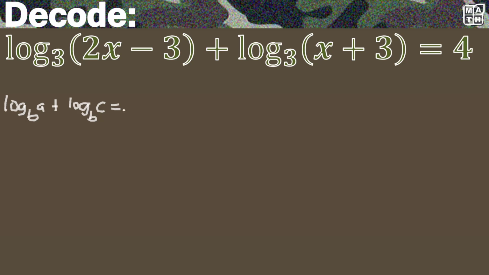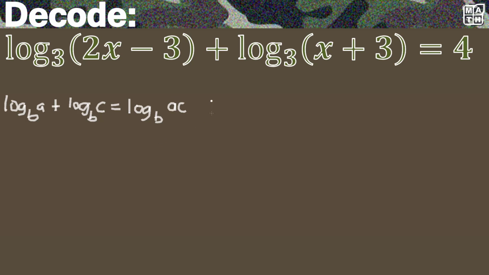This only works if we have the same base, because if the two logarithms don't have the same base, we cannot do this. In our given, the bases are 3, so we can do this. We can combine them into one logarithm of the same base, but what will happen here is we're going to multiply the two coefficients. Multiply. The common mistake here is they will add because the original form is addition. No, we will simply multiply them.